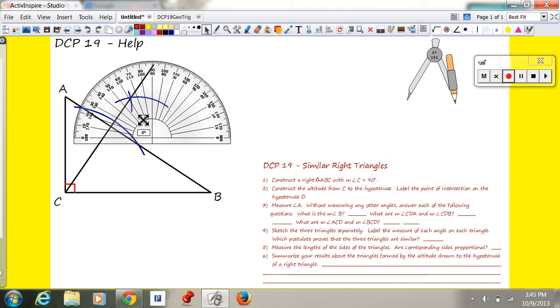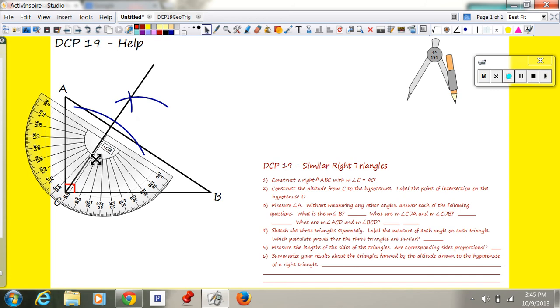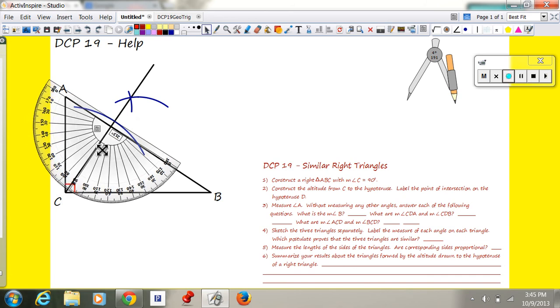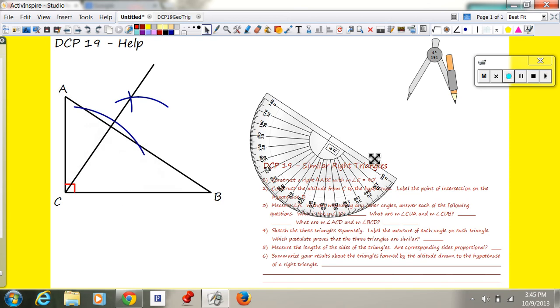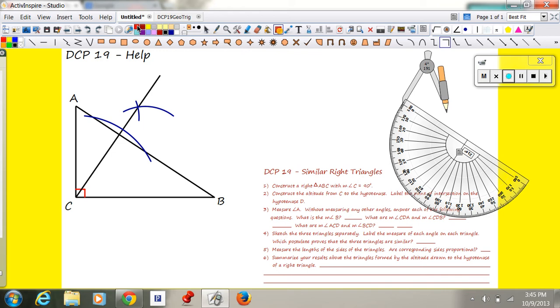To check it, you bring over your protractor. You spin it so that it's the same as the hypotenuse. Something similar to that. You can see 90 degrees, and it's there. So that's exactly a 90-degree angle. So once I've double checked that, I can actually put in my little right angle symbol.